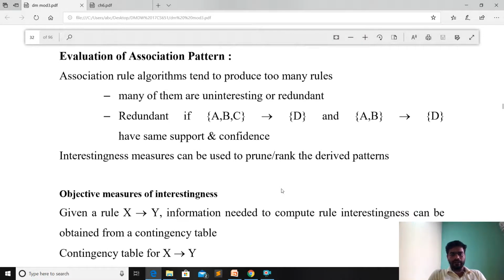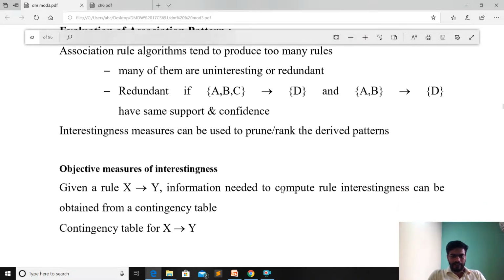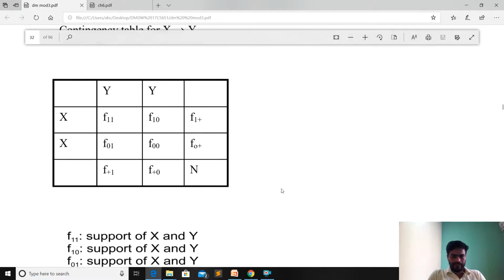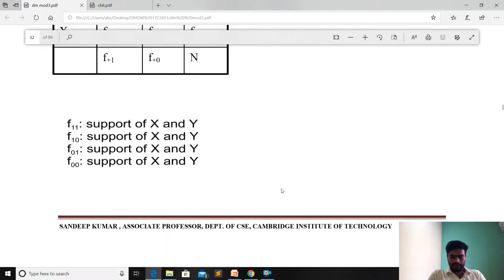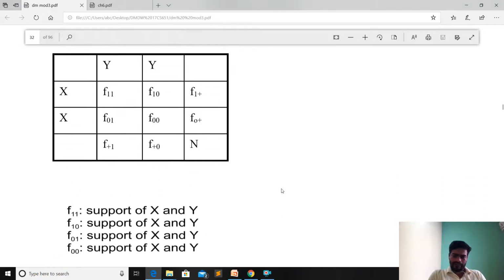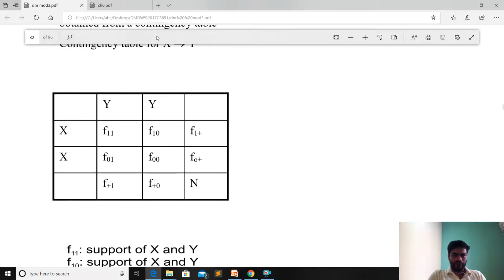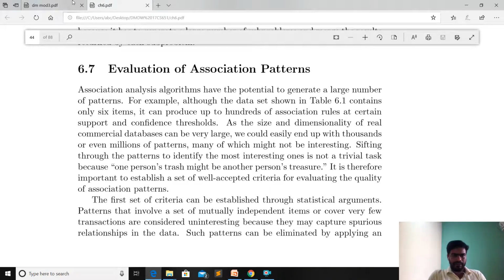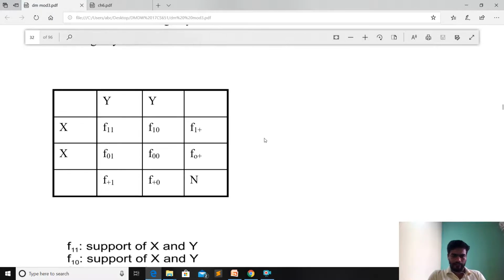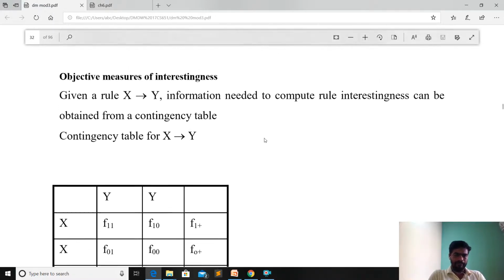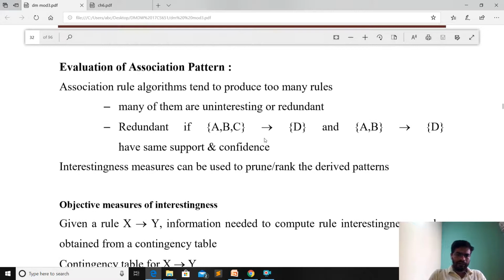Here again I am using the notes by Sandeep Kumar from Cambridge Institute of Technology. This document is your textbook and this document is the notes from Sandeep Kumar. Now, evaluation of association patterns: we need to evaluate which association patterns are performing well.